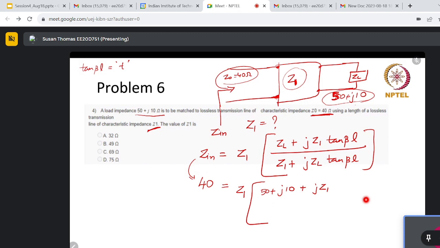We are trying to find out that Z1. Divided by Z1 plus jZL, 50 plus j10, again multiplied by tan beta L, so I'll put it as t.